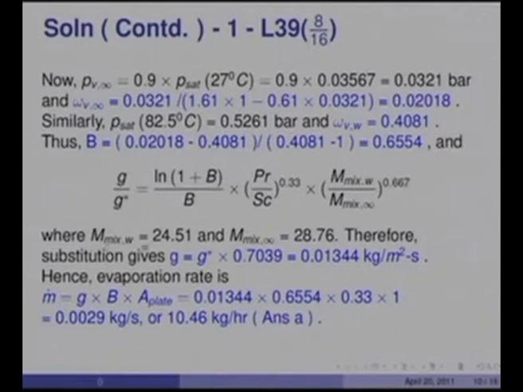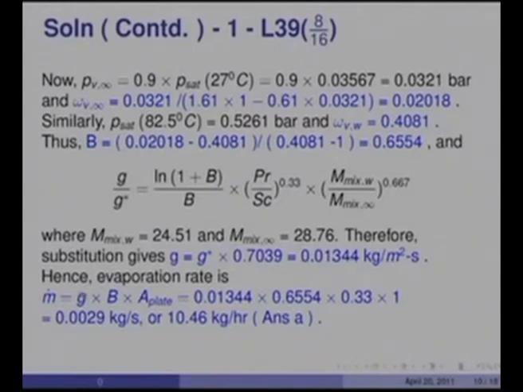Now, here m_mix w at the wall state, knowing omega_v w, we can evaluate m_mix w as 24.51. M_mix infinity would be evaluated from this value of 0.02018 as 28.76, and therefore, substitution would give G equal to G star into 0.7039, equal to 0.01344 kg per meter square second.